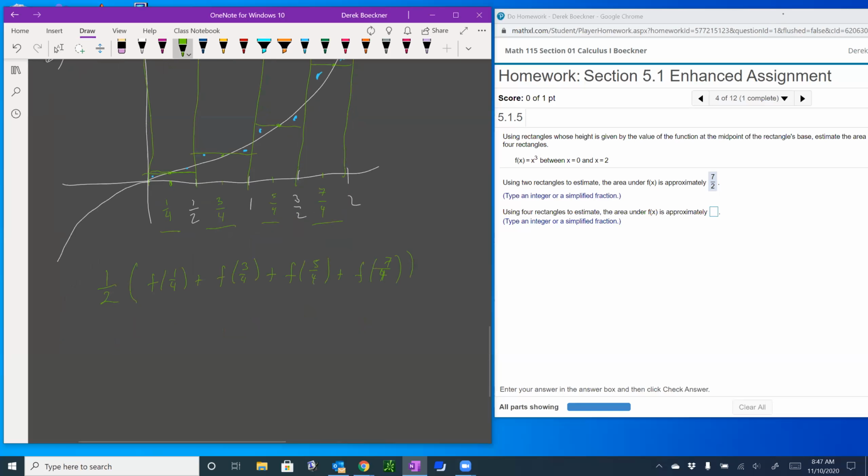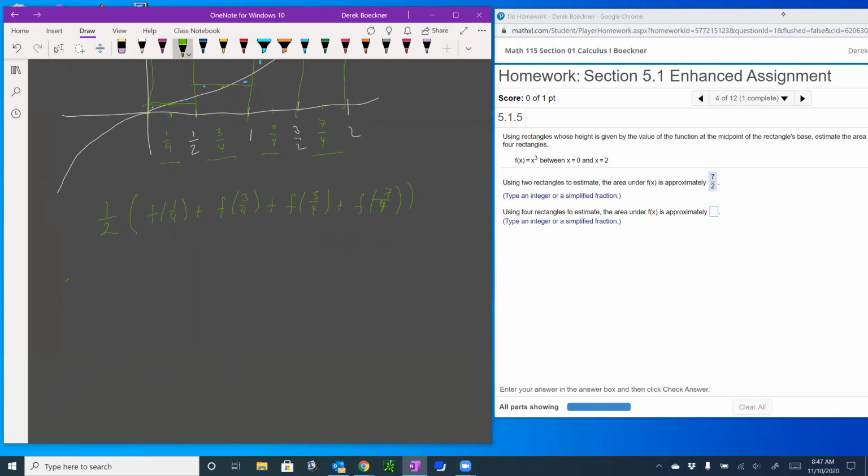And then adding these up, I get 1/2 times 1/4 cubed is 1/64, plus 27 over 64, plus 125 over 64, plus 7 cubed is 343 over 64.